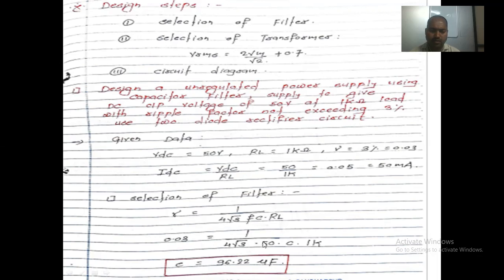Tell me the answer. 0.03 equal to 1 divided by 4 root 3 into 50 into 1k.